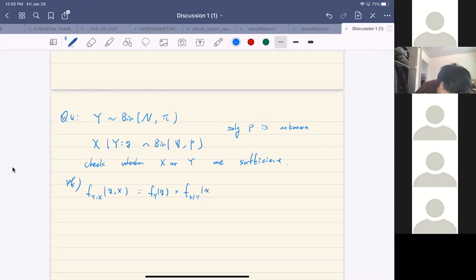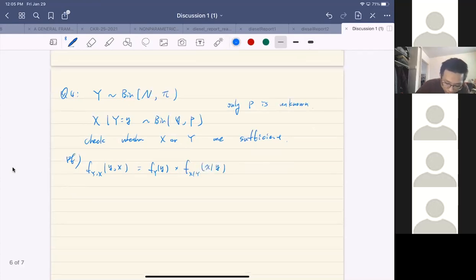So it is the binomial density: n choose y, pi to the power y, and 1 minus pi to the power n minus y.